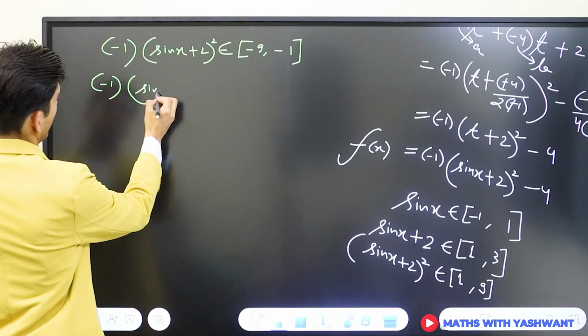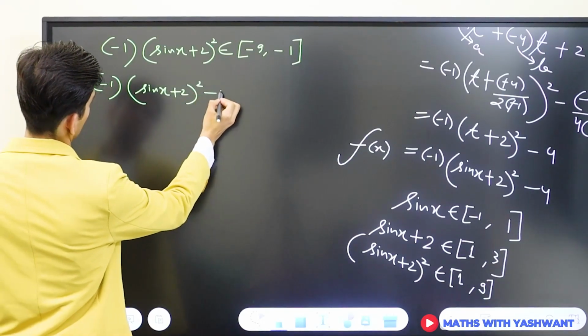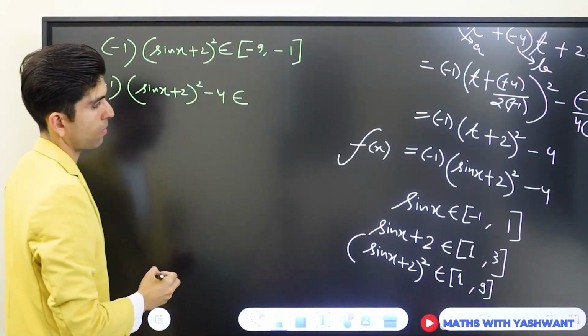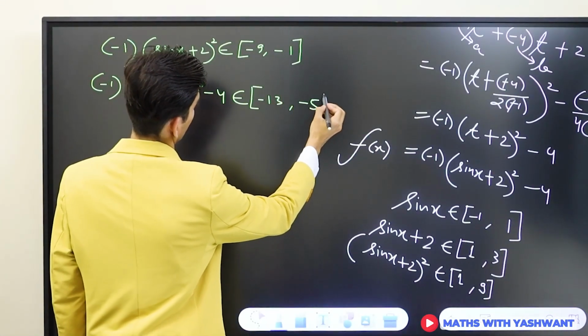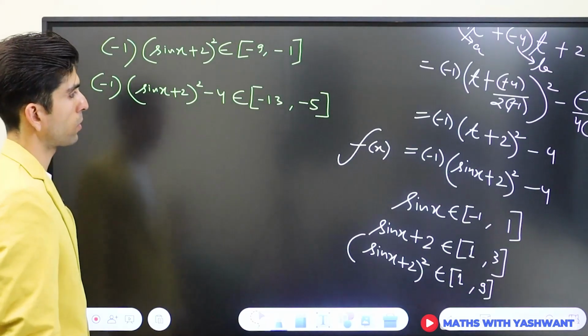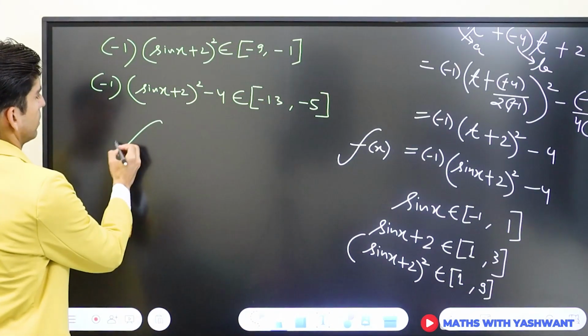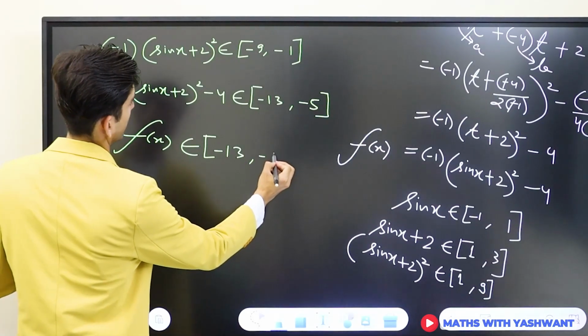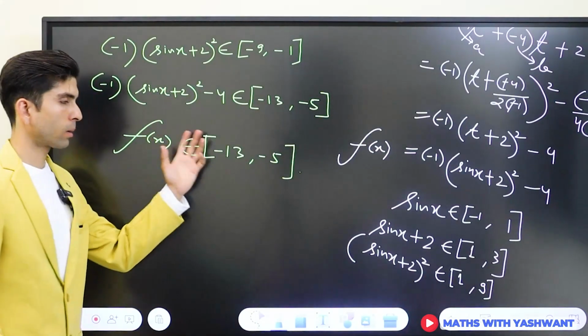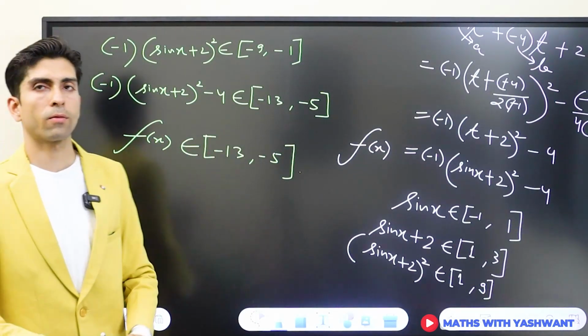When you add -4 to the left-hand boundary point, it will be -13, and it will be -5. And this is your f(x). So we got the range of f(x), and the range of f(x) comes out to be closed -13 to closed -5.